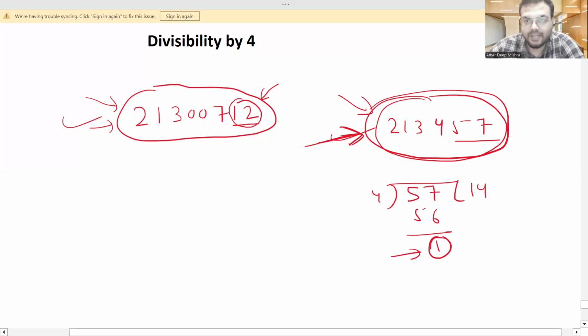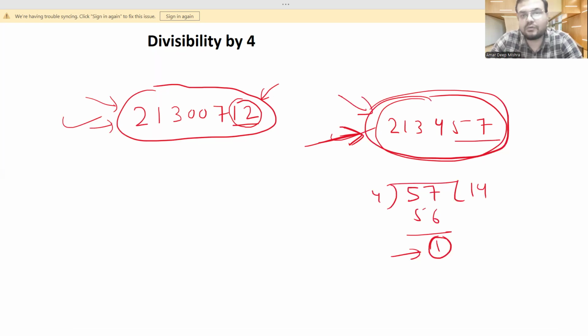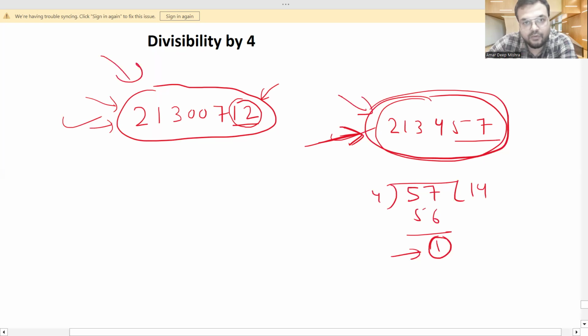Okay. I hope this point is clear. So whether you have to find out if a given number is divisible by 4, or you have to find out the remainder if you divide a number by 4, in both the cases, you don't have to divide the entire number. Instead, just divide the last two digits. Okay. So here in this number, you divided only this 12 and you saw that the 12 is divisible by 4.